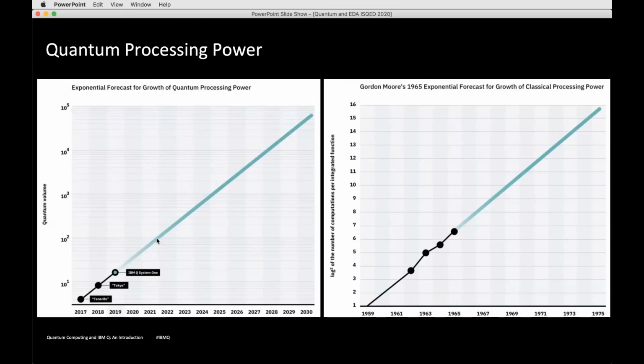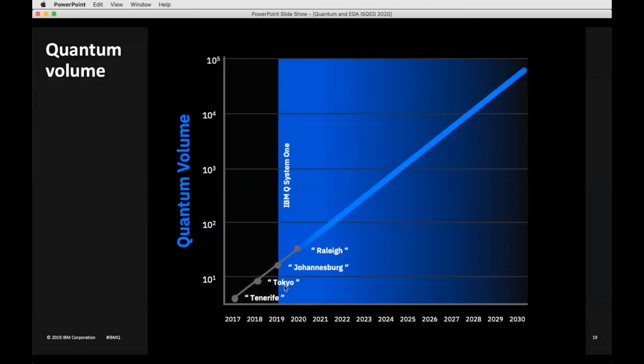And this was a chart that I showed last year. And if you look at the announcements earlier in the year here, we have added our Rolly machine. This is a 28-bit machine that has a quantum volume of 32. So again, one more data point here for the 2020 generation.